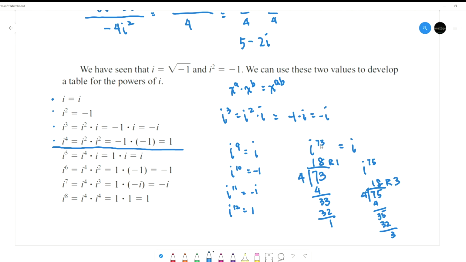And by the way, 73 was remainder 1, so 75 should be remainder 3, right? So that's 1, 2, 3. So that's the third term. So i to the 75th power is equal to negative i. So yeah, those of you going to Math 6, we're going to be delving much deeper into these complex numbers.